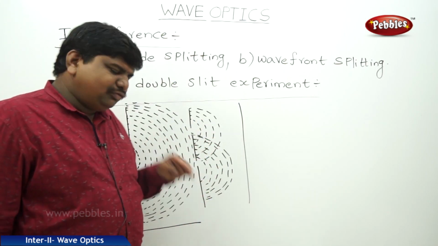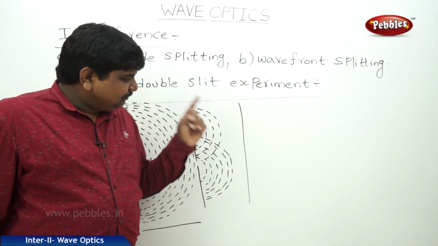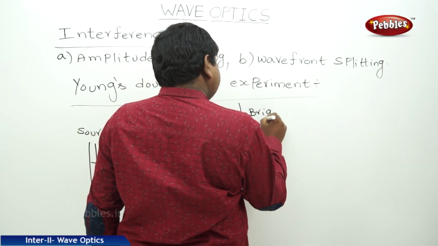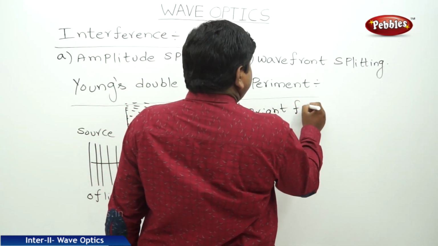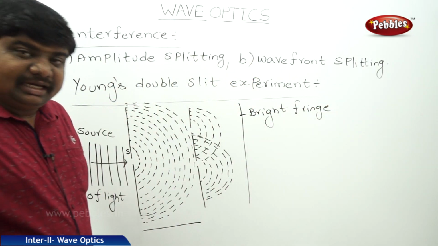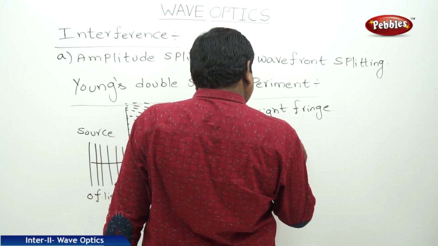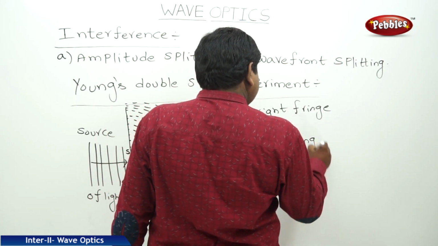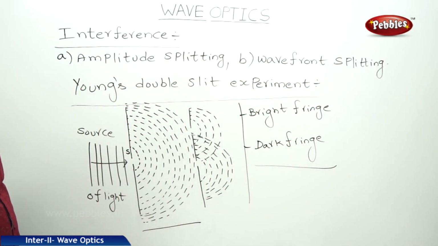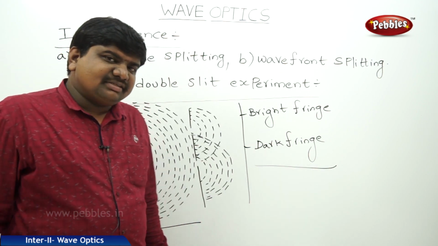Whenever these two waves overlap, same phase will arrange the bright fringe, opposite phase will arrange the dark fringe. So like this we can discuss amplitude splitting and wavefront splitting in Young's double slit experiment.